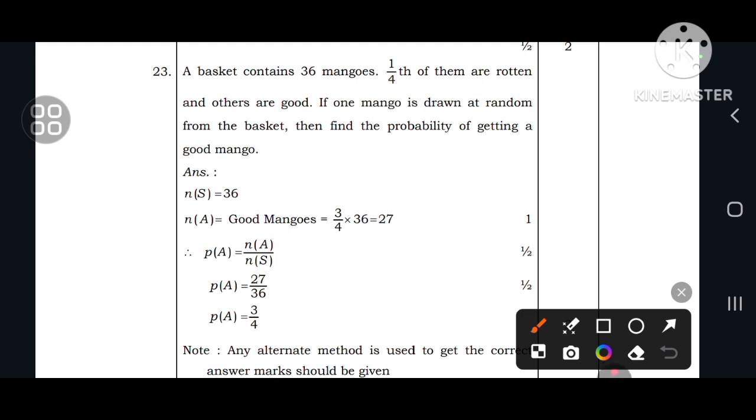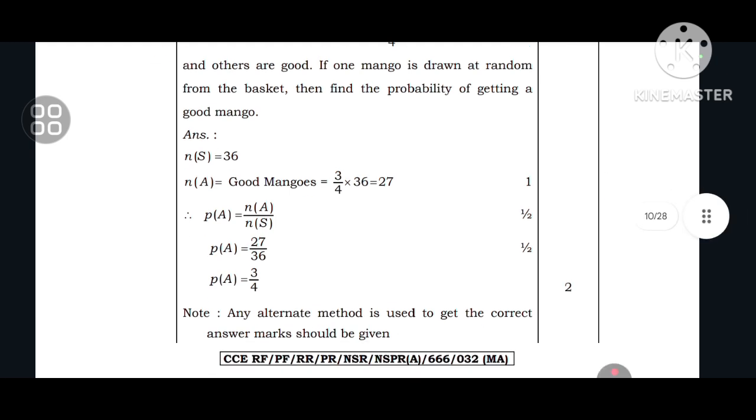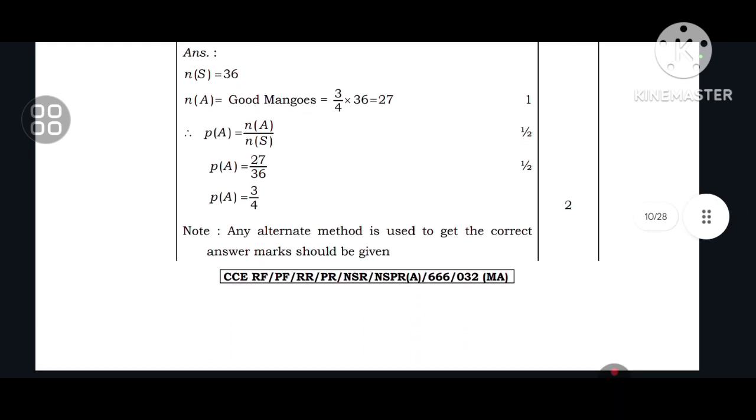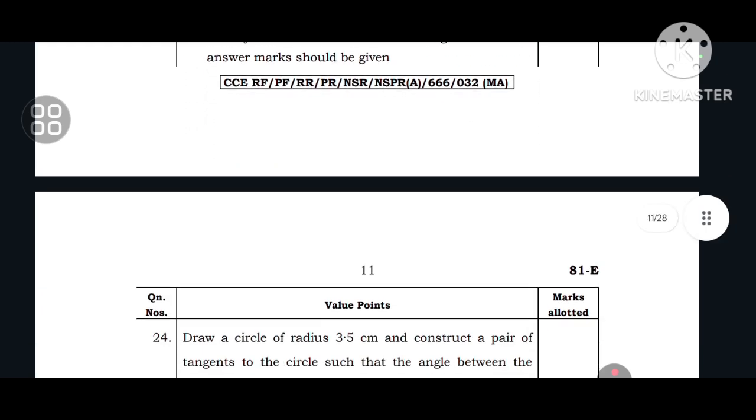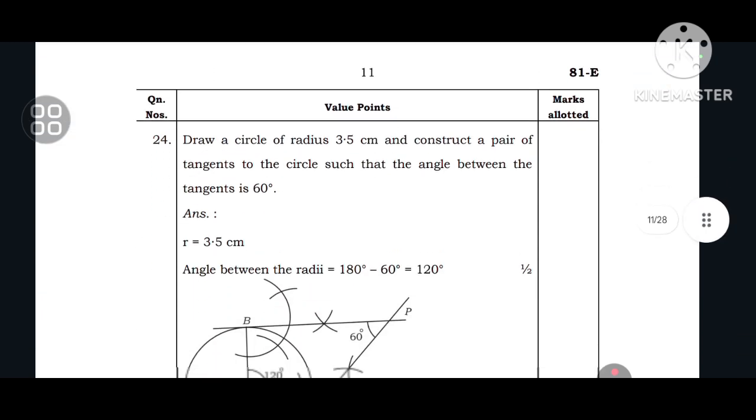You can solve this type of questions from the lesson probability. I will not explain much more here because this video will become very lengthy and waste your time. So I will just scroll this paper for your reference.